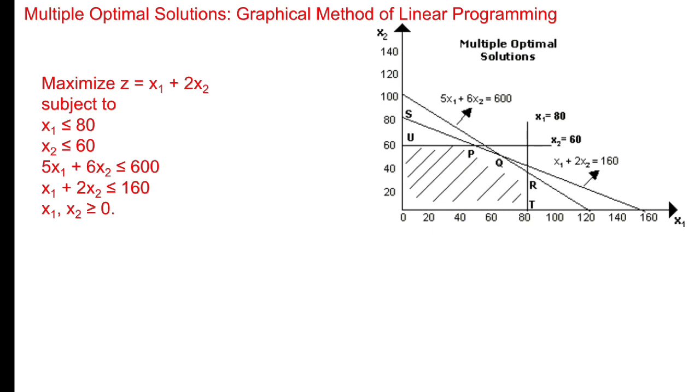Then for another constraint, put x1 equal to 0, 6x2 equal to 600, therefore x2 equal to 100. If we put x2 equal to 0, 5x1 equal to 600, so x1 equal to 120, and the point is 120 comma 0.